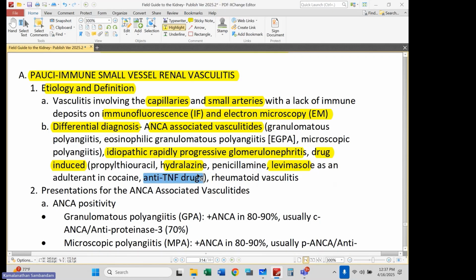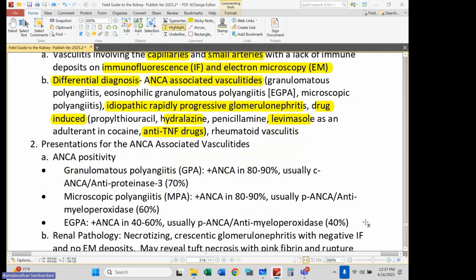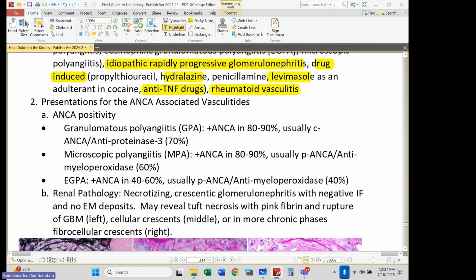And then there's also a well-described form of pauci-immune small vessel vasculitis that occurs with anti-TNF drugs. We've had a couple of those. Rheumatoid arthritis can also be associated with a vasculitis. Okay. Now, generally, there's ANCA positivity. There is a little bit of specificity for these ANCAs, but it's not perfect.